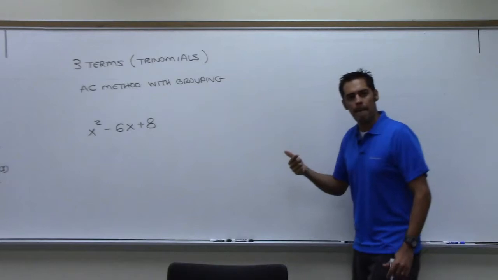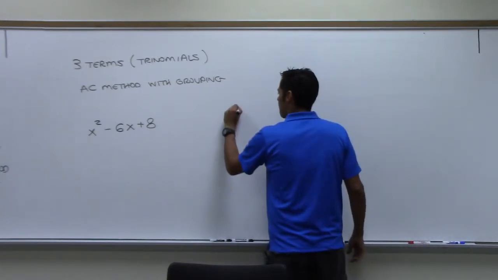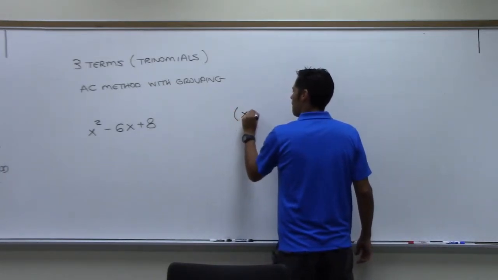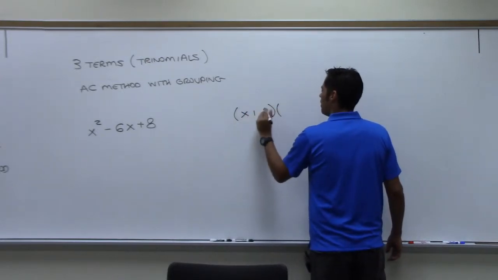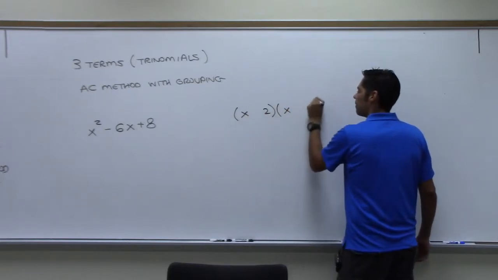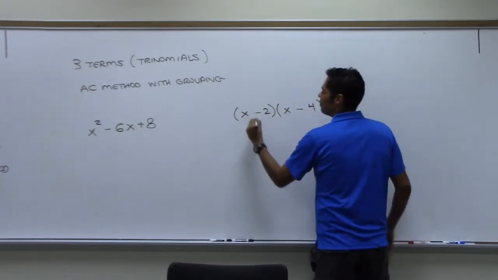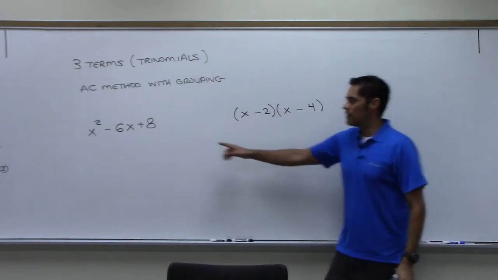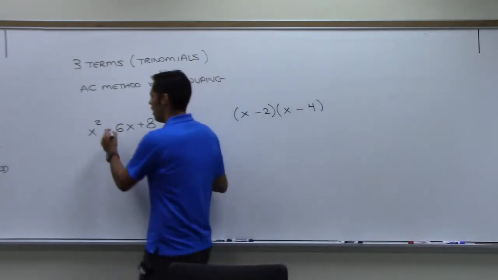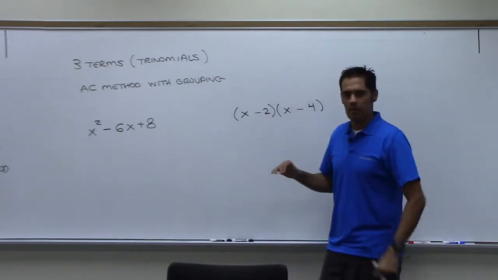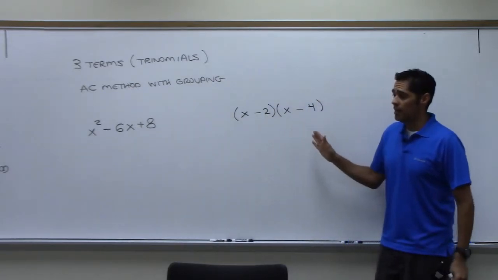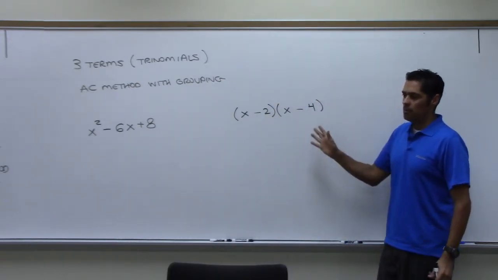Okay, what do you got? x plus 2, I agree with the 2. Minus 2, minus 4. You have to get a negative 6 in the middle, right? Okay, but obviously it's in there. You just have to sort through a couple of little things. So that is the correct answer, all right?